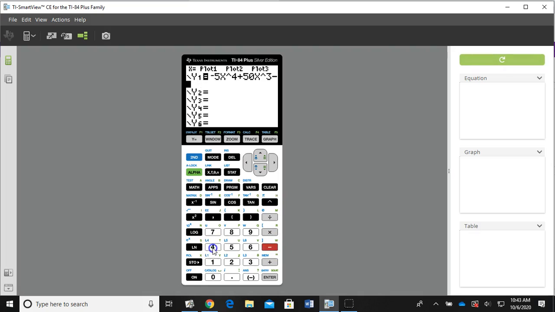Minus 45x squared. All right. And I hit graph. How many times do you have negative zeros? None. There's none over here. Okay. How many are positive? 2. There's just 2. Okay. So there you go. Easy peasy.